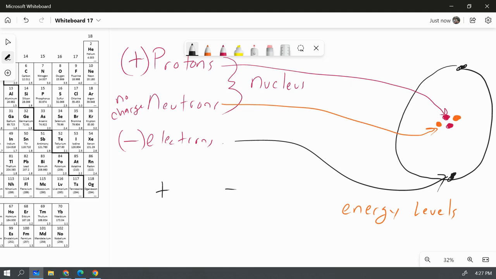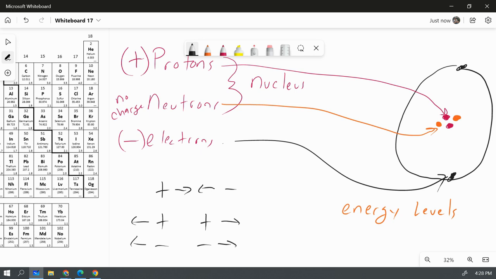There's an attraction together. So I'll draw some arrows coming together. But if I have two like charges, they're going to want to repel each other. And so if I have two positive charges or two negative charges, they're going to want to move away from each other. This, guys, is a critical concept in so many different science topics.